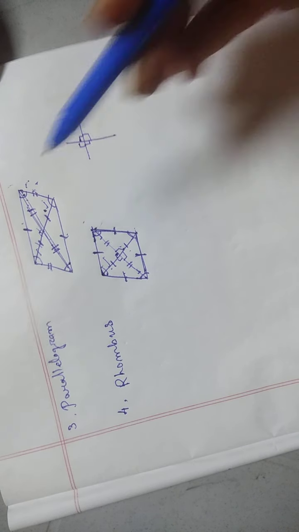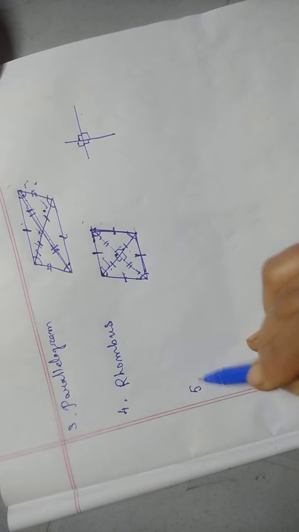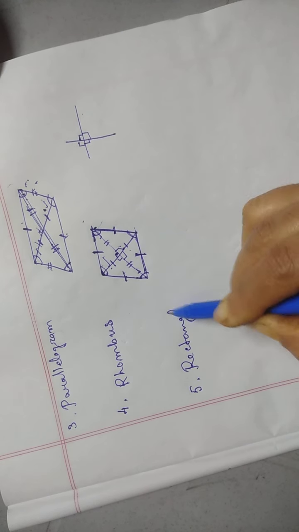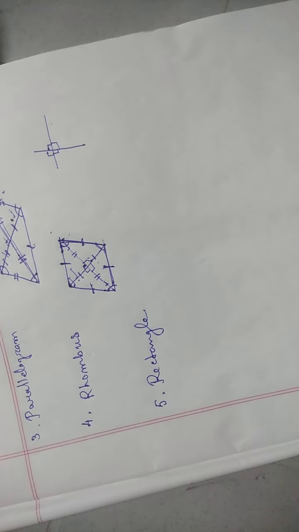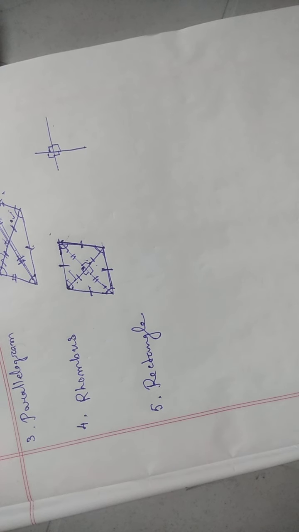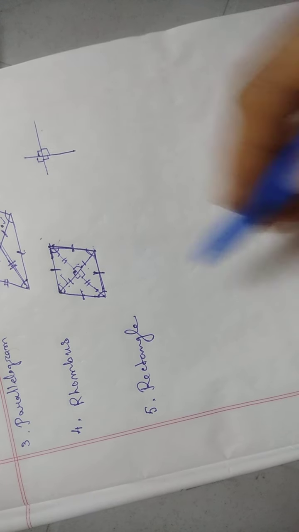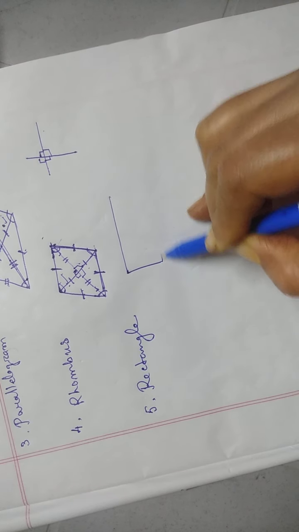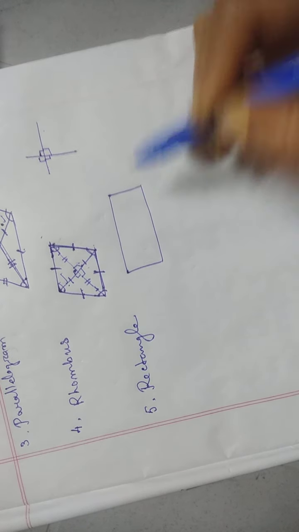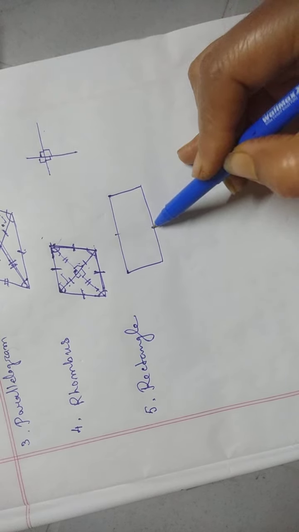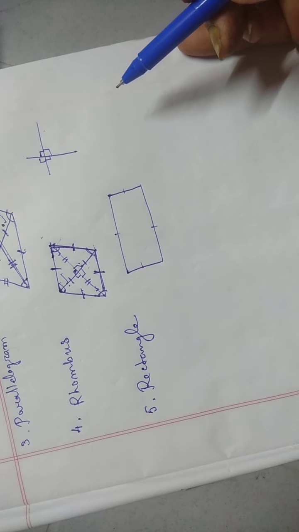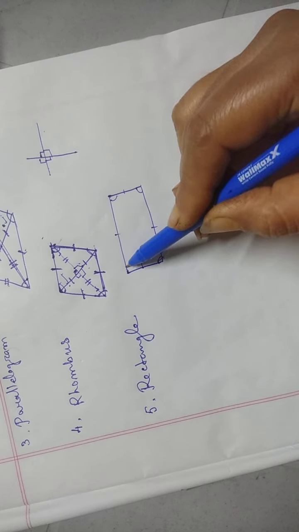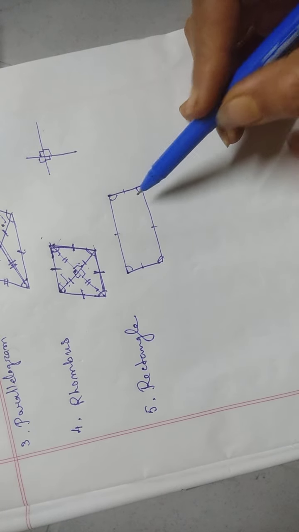Okay. Next is number 5, rectangle. Now what is a rectangle? It is also a parallelogram. Why a parallelogram? Because opposite sides are equal and parallel, and opposite angles are also equal.